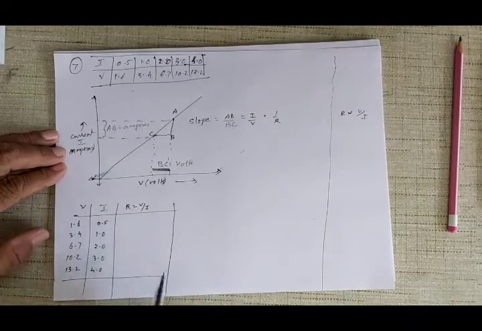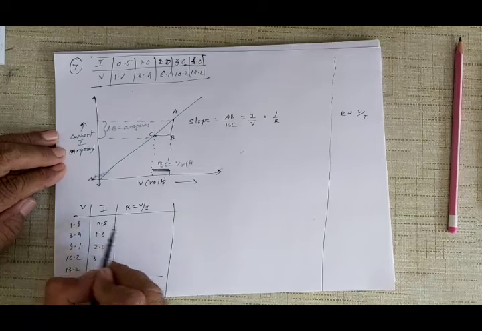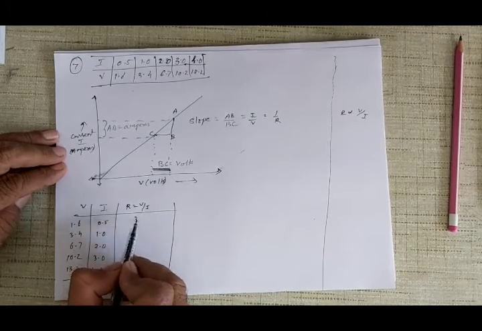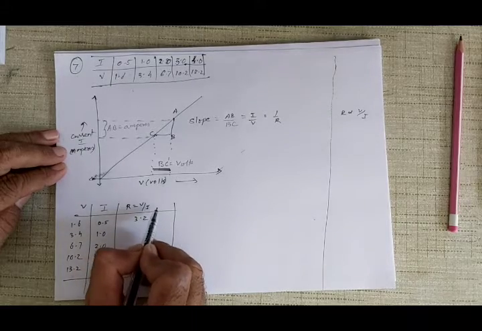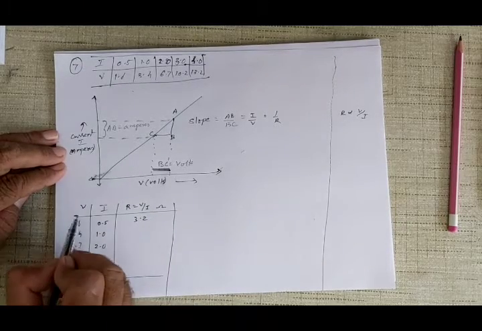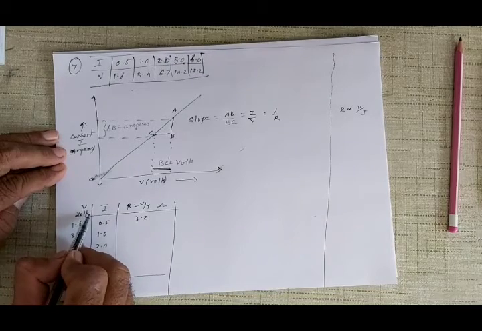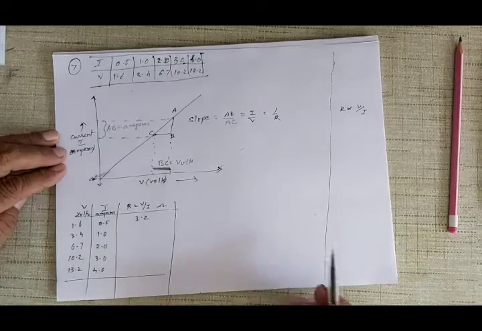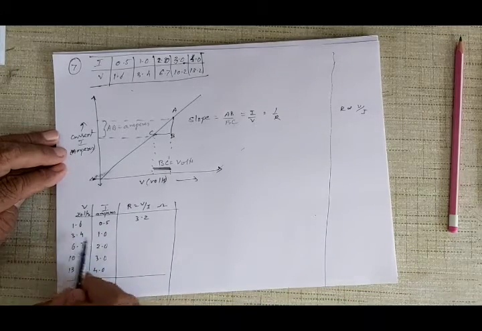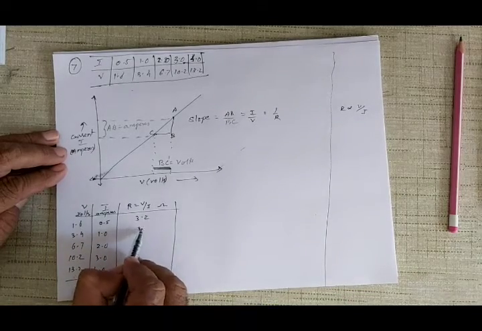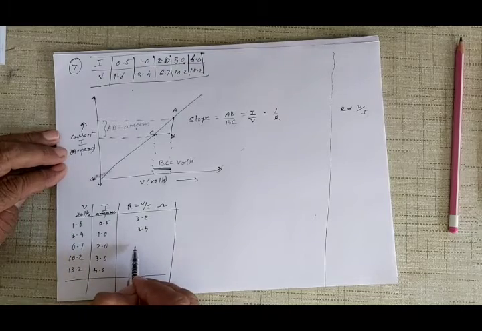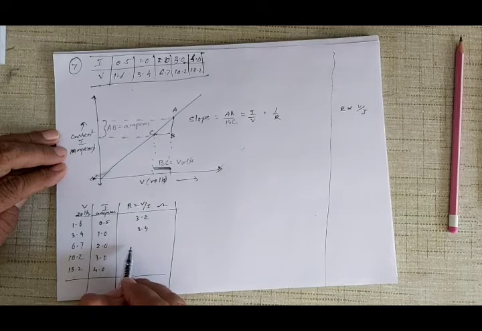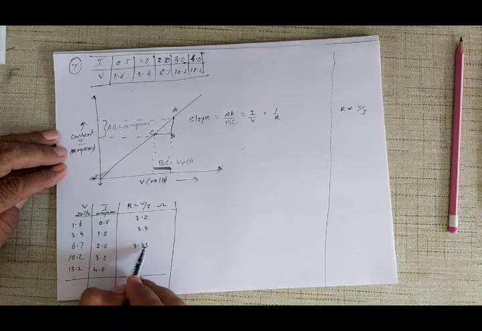So 1.6 upon 0.5 is equal to 3.2, and this will be in ohms. ये volts में है, ये amperes में है, और ये ohms में है. इसी तरह से 3.4 divided by 1 will be 3.4, 6.7 divided by 2 is coming to 3.35.